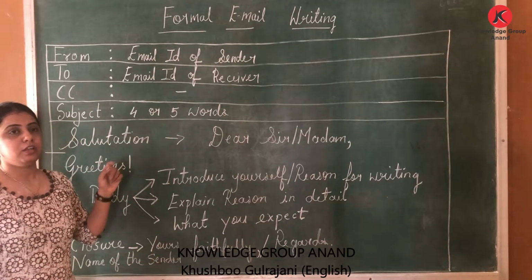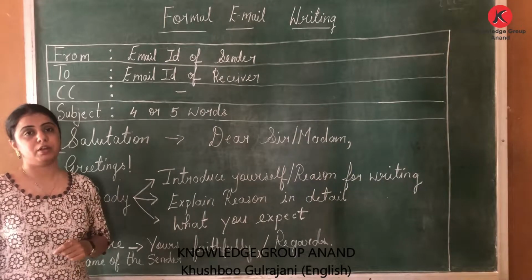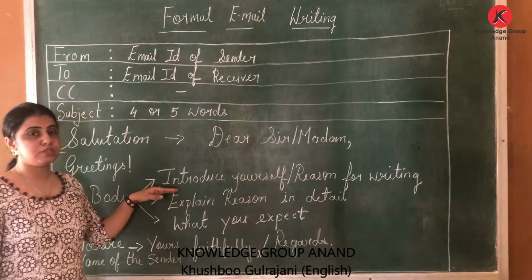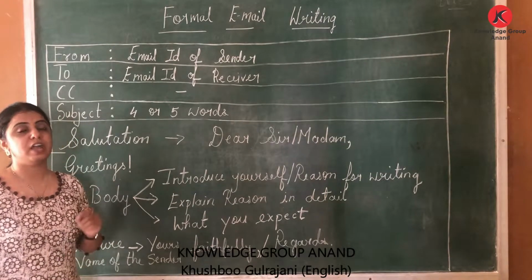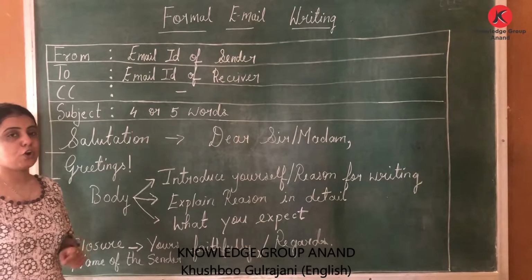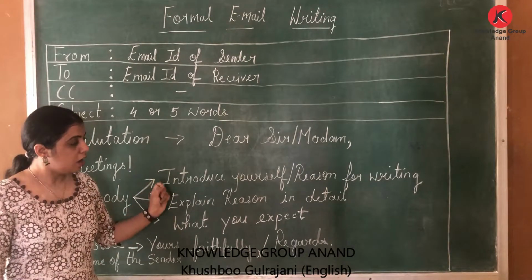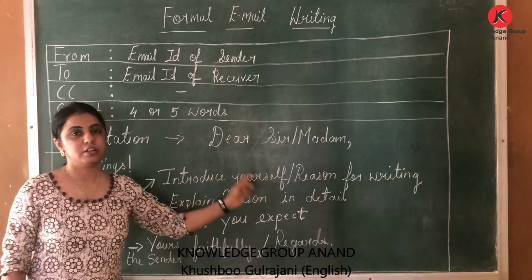Now for example, if you are writing this email to the editor of a newspaper, the beginning would be a bit different. You can introduce yourself and after that you can write, through the columns of your esteemed newspaper, I would like to draw your attention towards the unawareness of COVID-19 in our city.